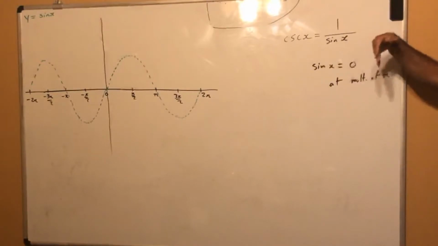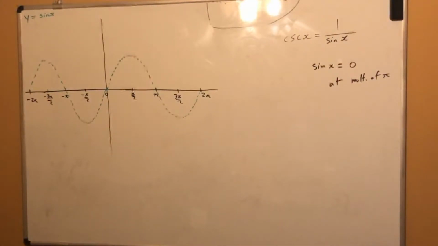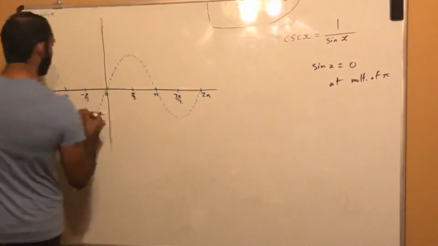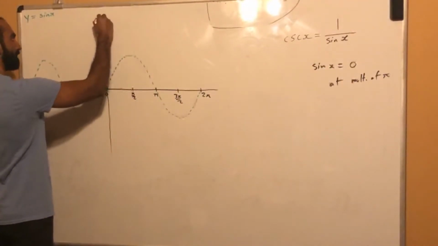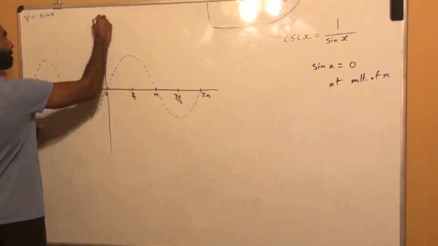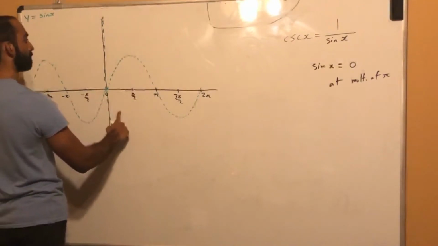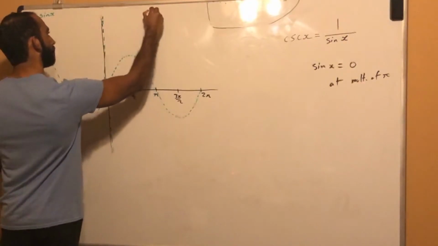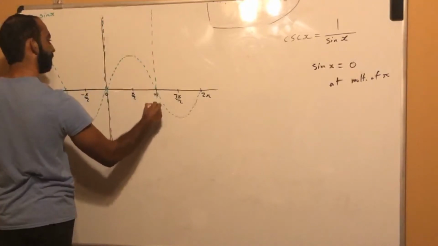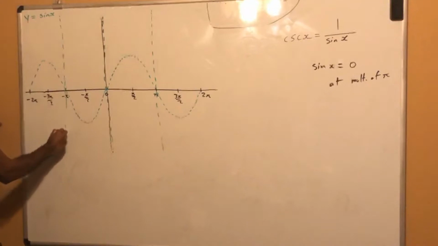Graphically, we have what kind of objects? Vertical asymptotes. So here in green are my vertical asymptotes at multiples of pi. Again, don't forget to include 0, which is technically a multiple of pi. 0, pi, and negative pi.